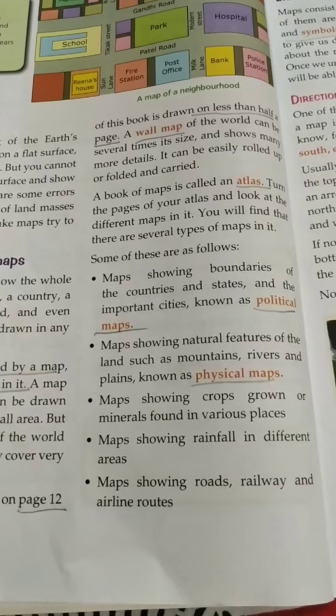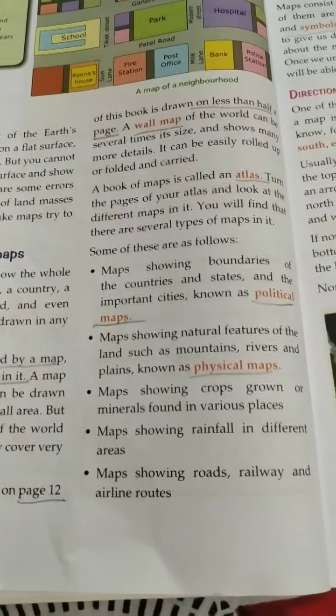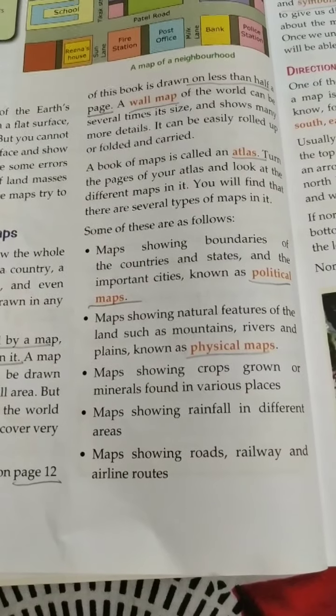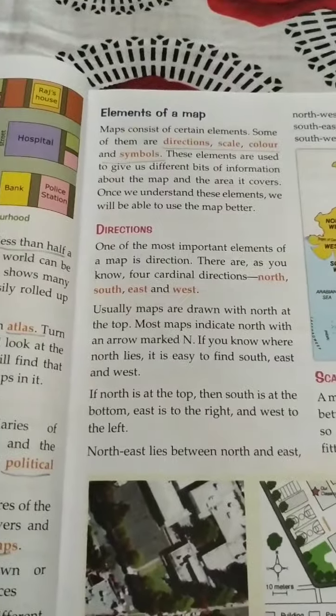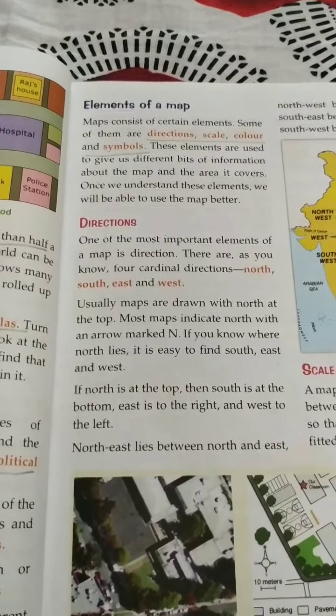A physical map is one showing natural features of the land such as mountains, rivers and plains. Map showing crops grown in different areas, map showing minerals found in various places, map showing rainfall in different areas. So like this. Now we'll see the elements of a map.